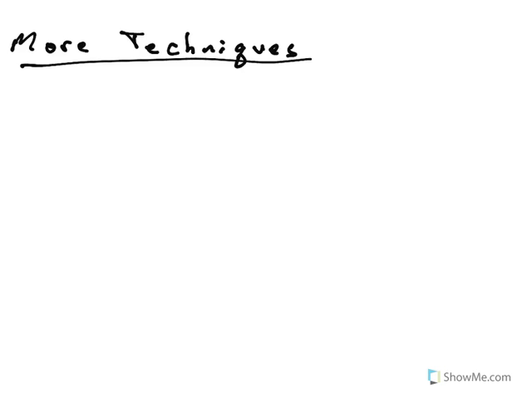So the first big technique I want to talk about is called the voltage divider. This is just a quick way of calculating the voltage dropped by one particular resistor when that resistor is in series with others.